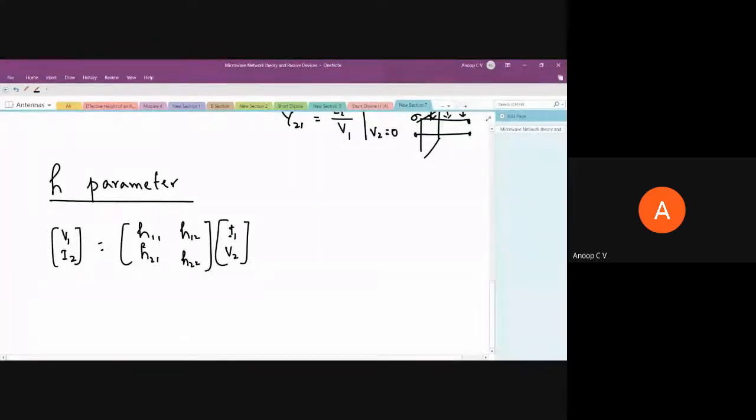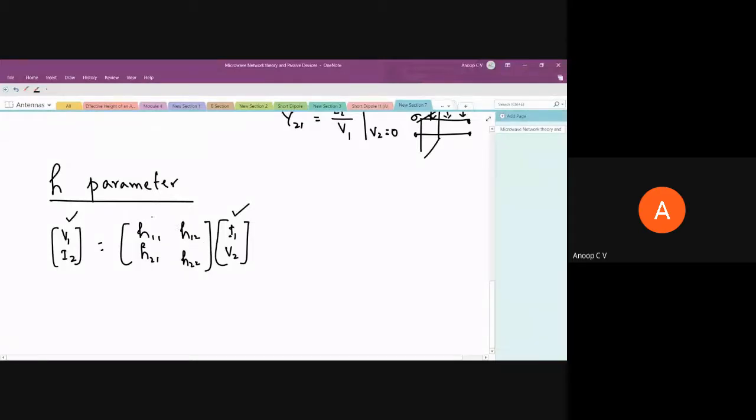So using hybrid parameters, we can describe a network, or represent input voltage and output current in terms of input current and output voltage. The parameters describing the network are H11, H12, H21, H22.